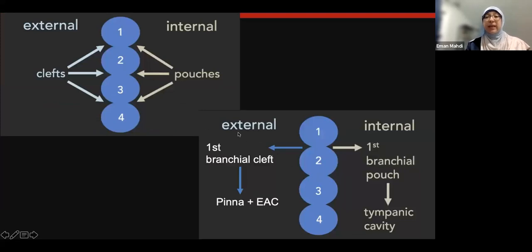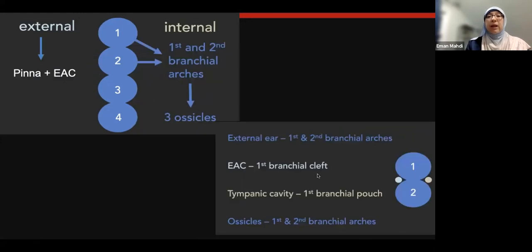From that, we see that externally, the first branchial cleft forms the pinna and the external auditory canal. And the first branchial pouch, the internal portion, gives us the tympanic cavity. And then the first and second branchial arches give us the three ossicles.